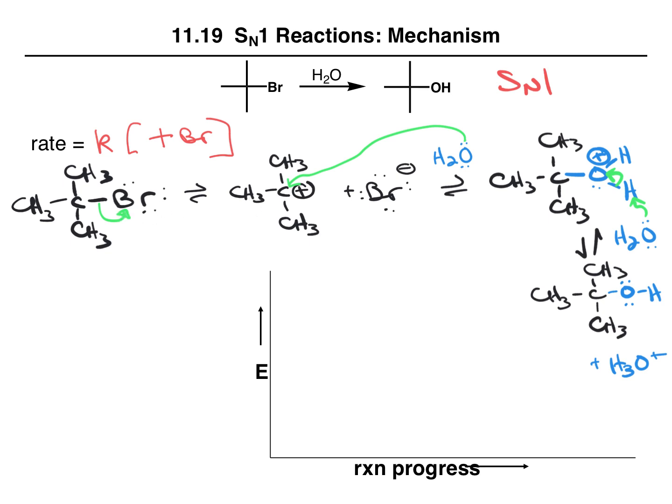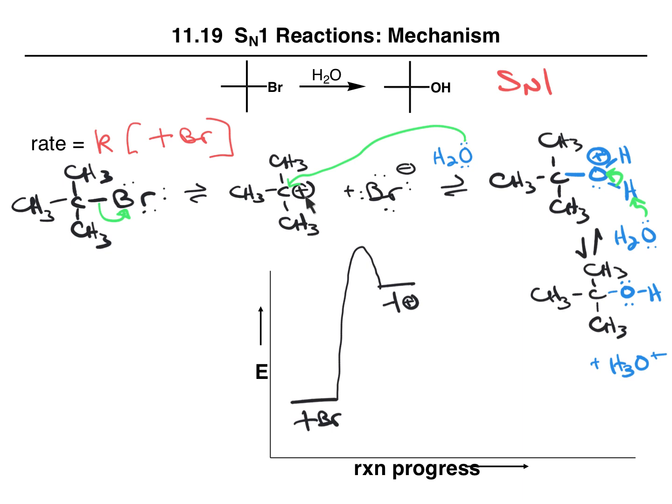So if we think about our energy diagram, if this is the energy of our starting material, then maybe this is the energy of our carbocation. And so here's what the reaction pathway would look like up to the first intermediate.